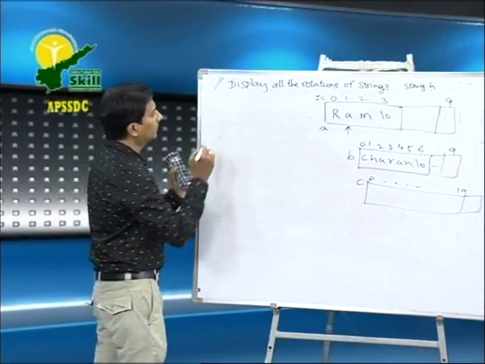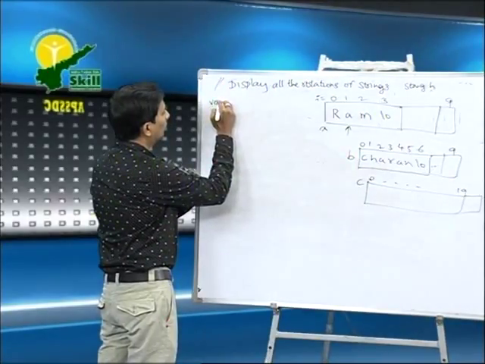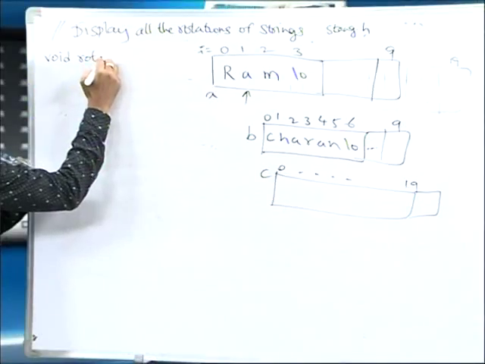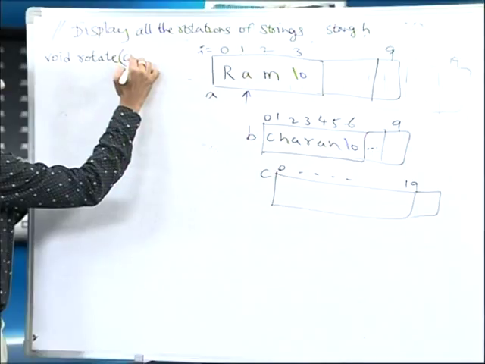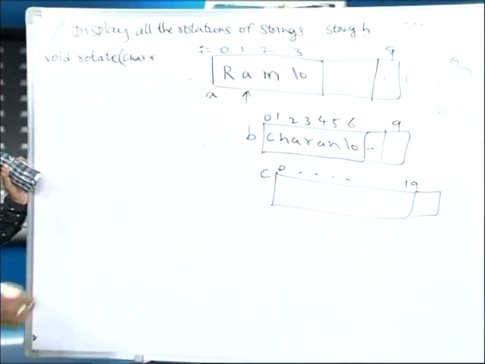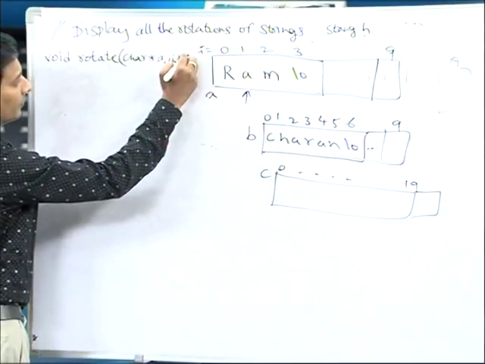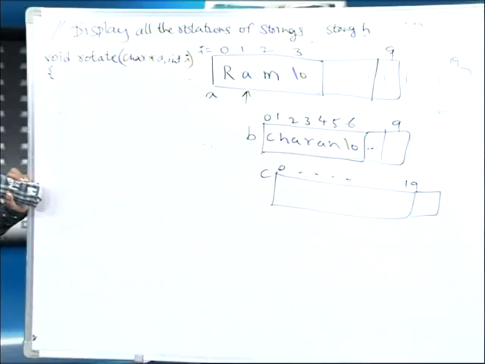Void rotate, here I am creating one pointer a comma int i, beginning of the function, int j.